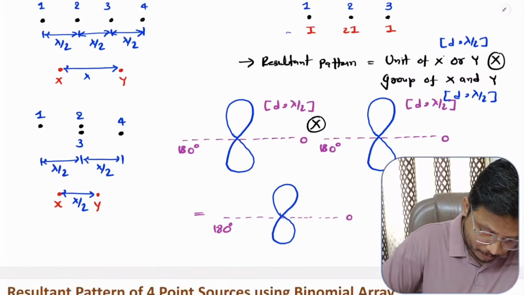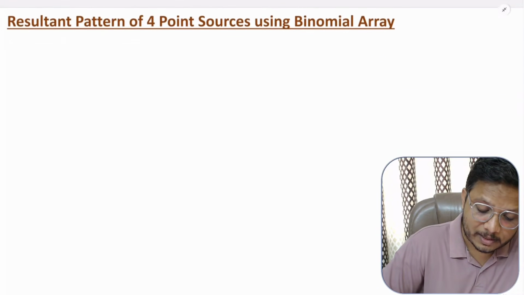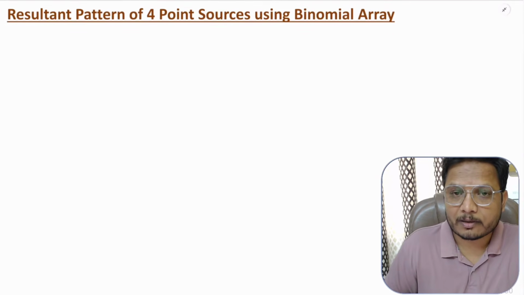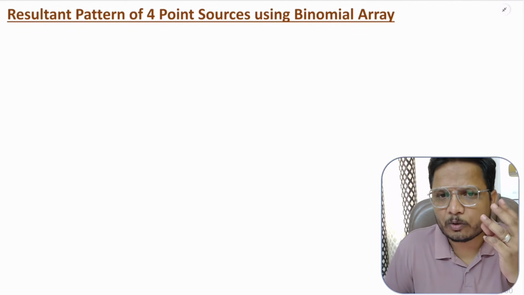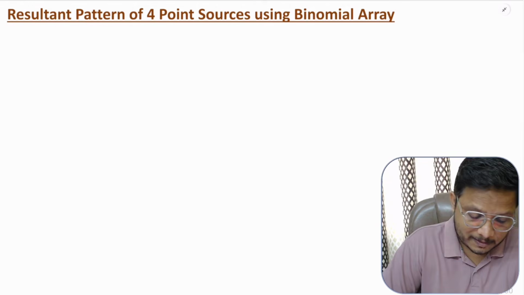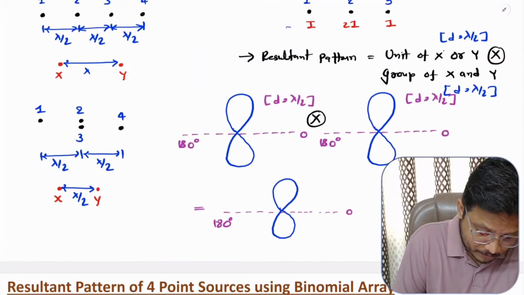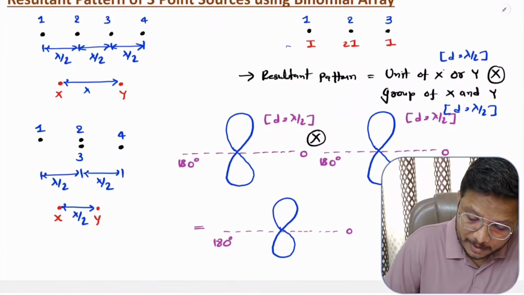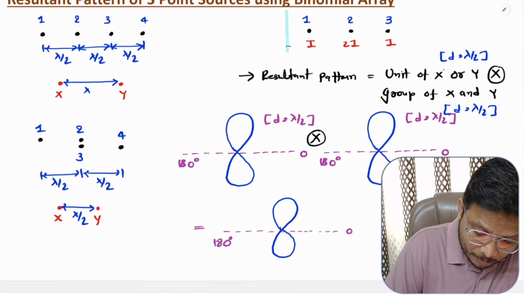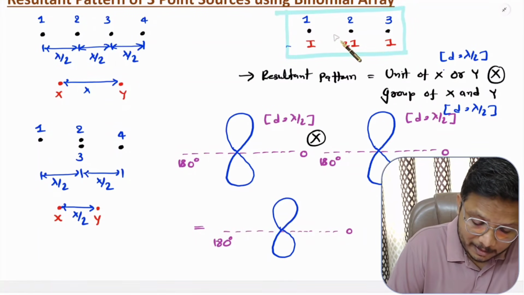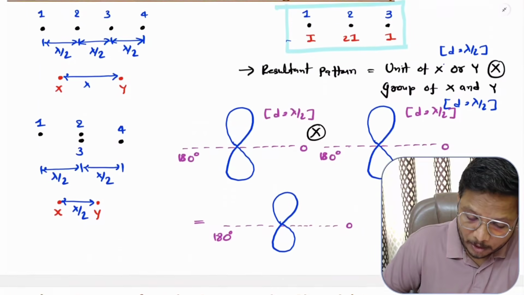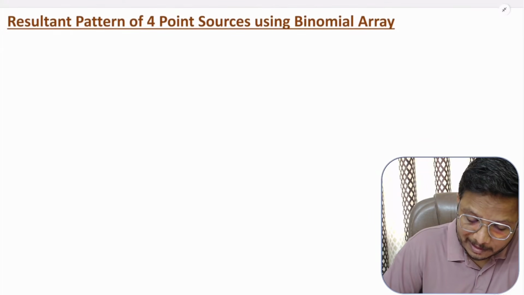Now I'll explain the 4-point source using a binomial array. In that, all you need to do is club 2 patterns. See here, with 3 points we have this equivalent. So if you want 4 points, then you can club 2 combos of 3 points.